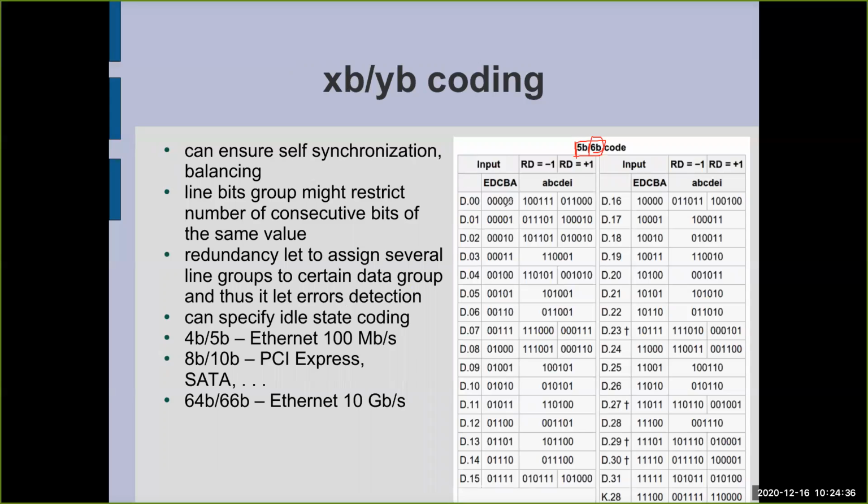So what can be seen here? We have input, so here you have all combinations of data bits. And here you have 6 channel bits, which are substituted when a particular combination is encoded.